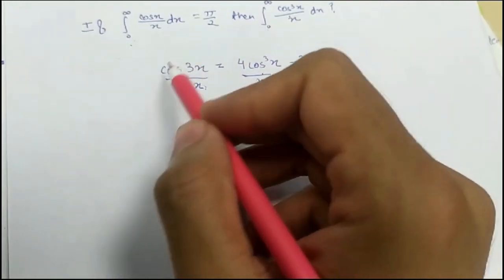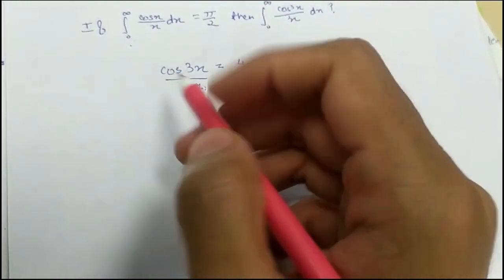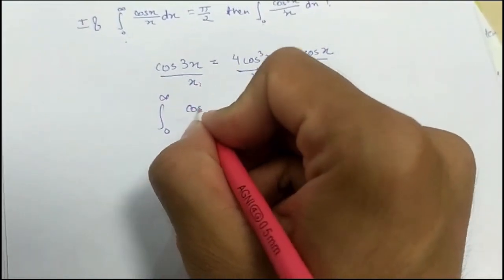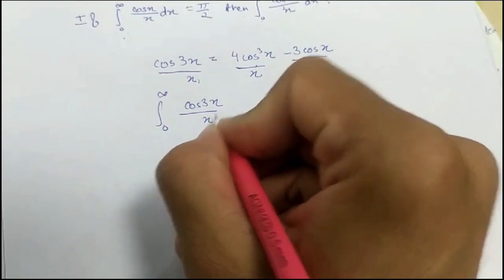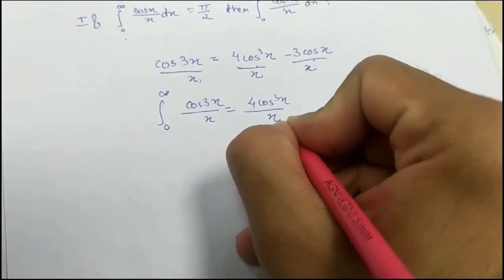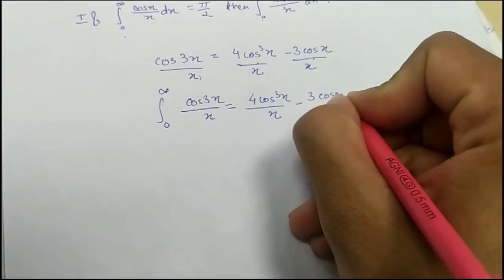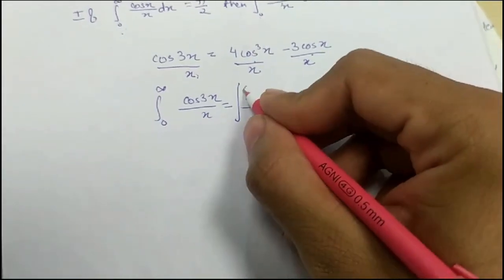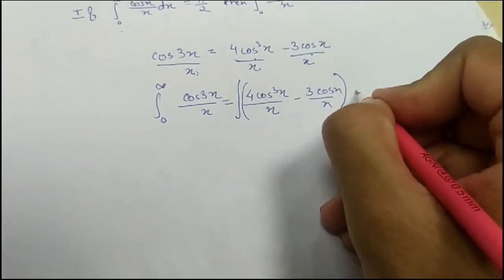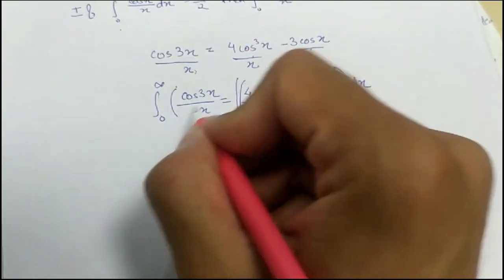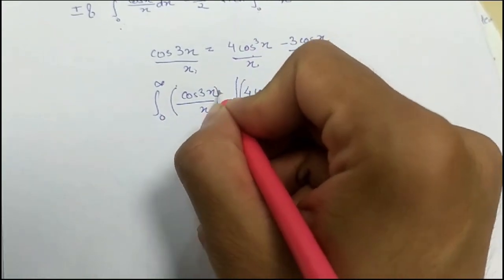Now if we integrate this whole equation from 0 to infinity, here it would be 3 cos x by x, and here the integration of this whole dx. Here also I will adjust a dx.